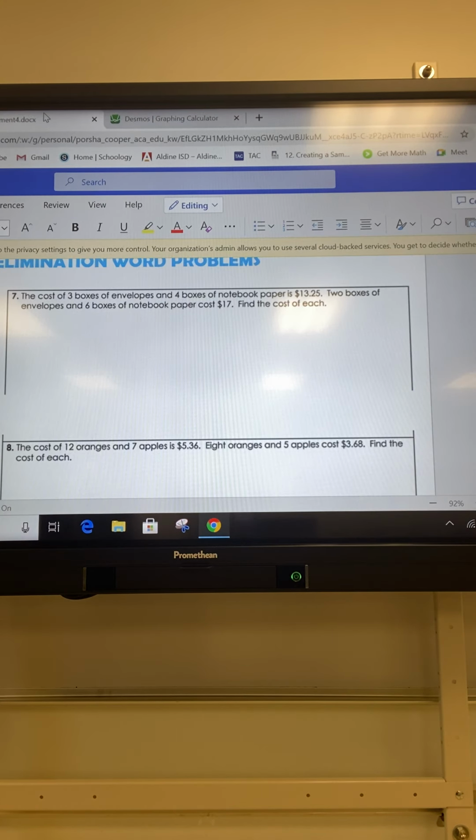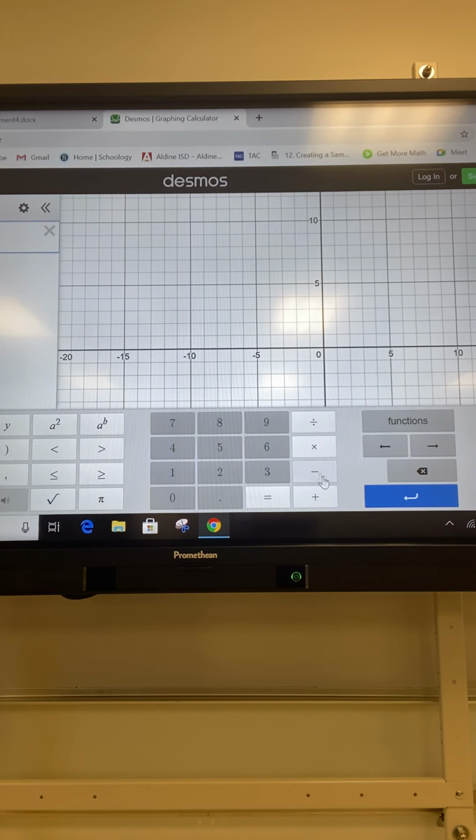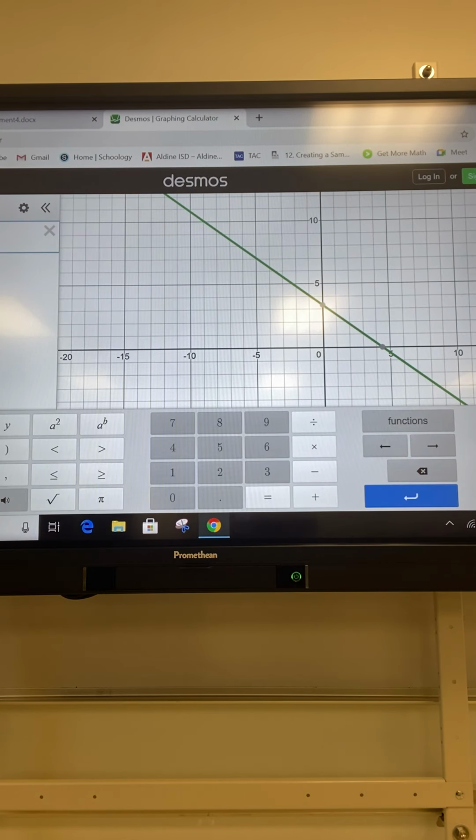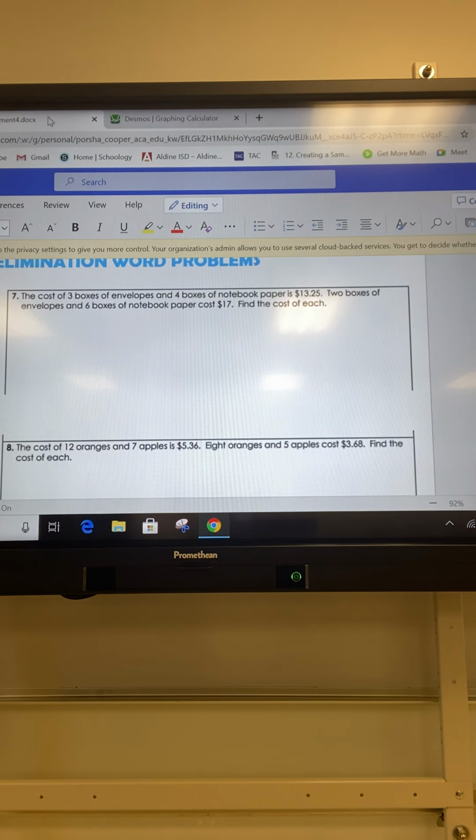Our first equation was 3x plus 4y equals 13.25. Okay. And then our second equation, they bought 2 envelopes and 6 notebooks for $17.